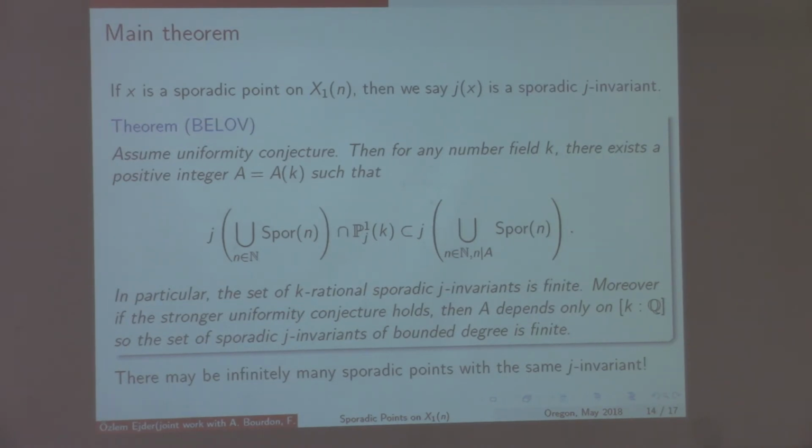But in this work, mostly we focus on non-CM. Maybe one thing to say now: the CM elliptic curves are more likely to give a sporadic point because they have smaller Galois representations. And so we exclude those and we look at the non-CM curves.